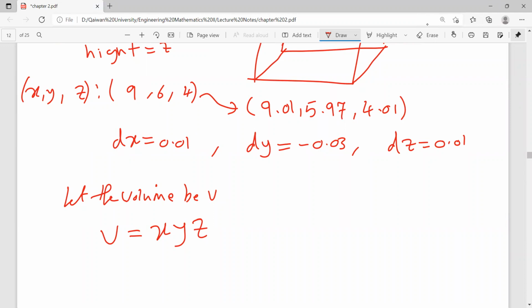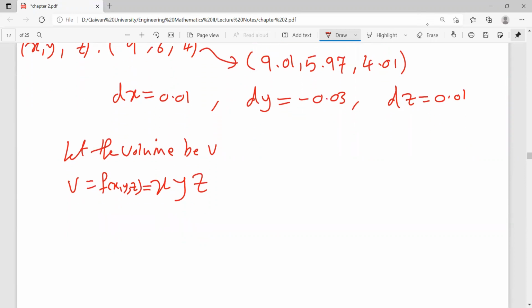So here, what should we find? We should find the change in volume. Volume is V, so the change in volume is dV. This is a function of 3 variables. We say V equals f of x, y, z, which equals x times y times z.